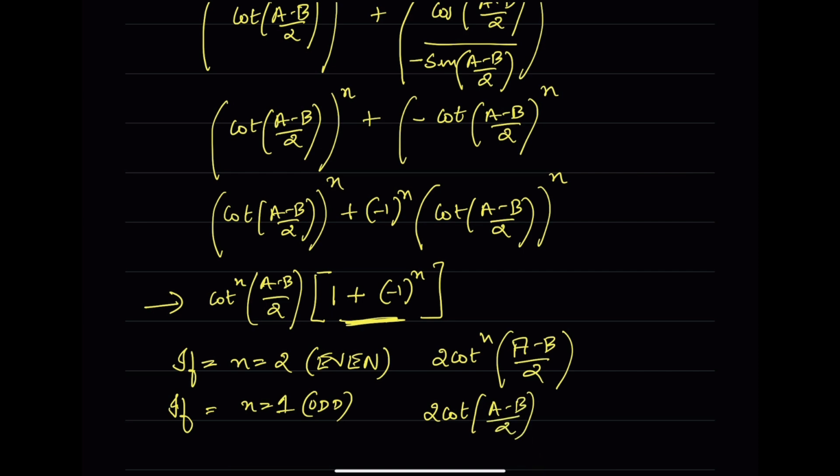It will not be 2 times cot. It will be cot of (a minus b) by 2 power n multiplied by 0, which is equal to 0. So this is how we can prove that when n is even, the value is 2 times cot of (a minus b) by 2 power n, and when n is odd, it is 0.